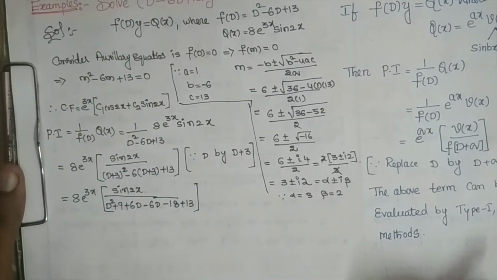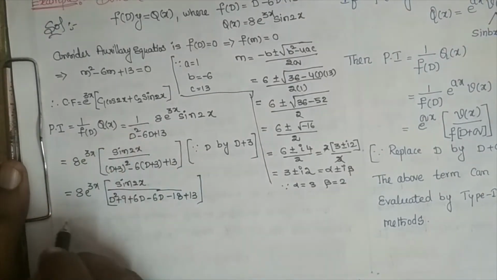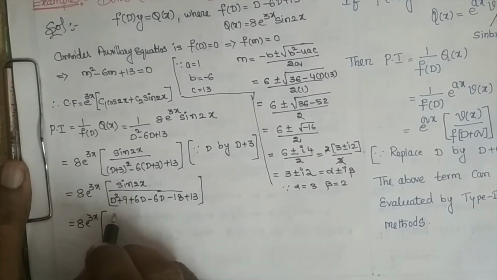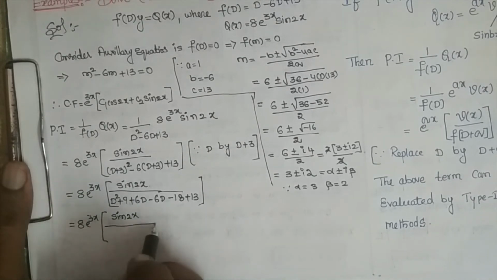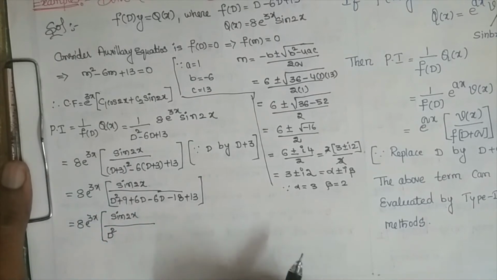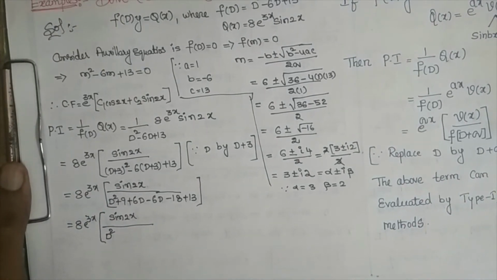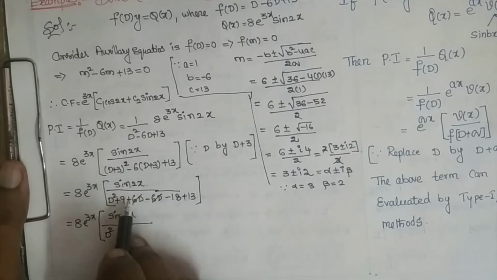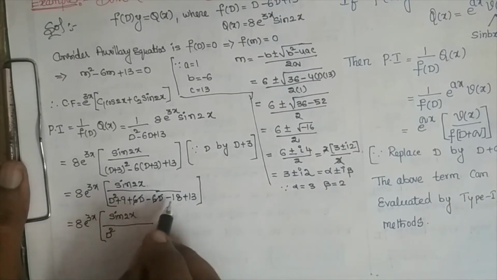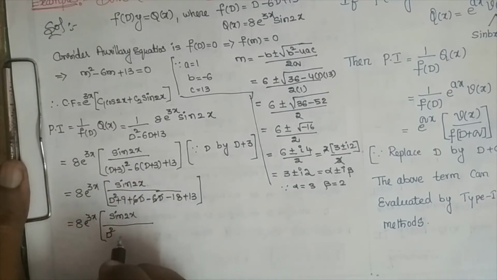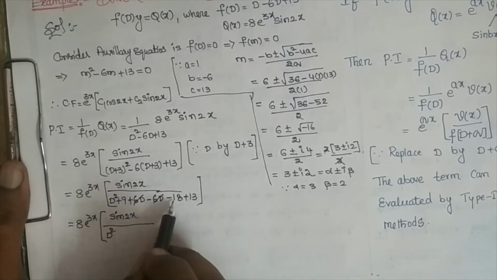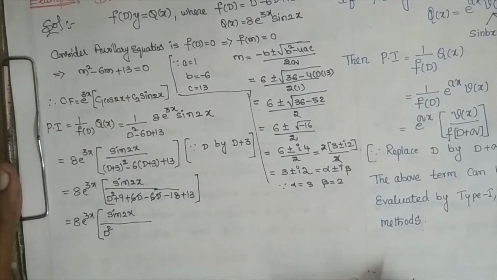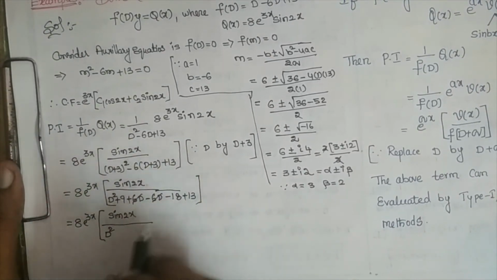Now concentrate on sin 2x by D square: plus 6D minus 6D gets cancelled, and 9 minus 18 plus 13 is 4.